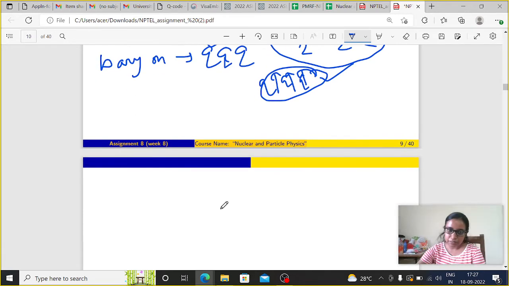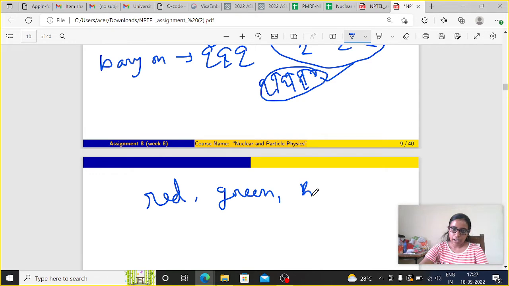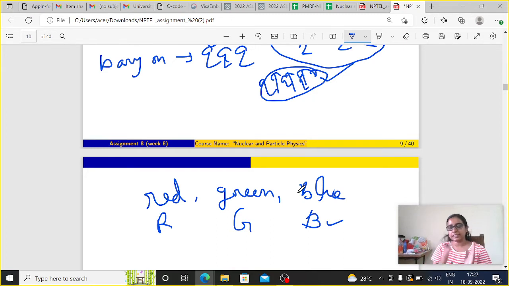So color charge means what? Red, green and blue. I am writing red as R, green as G and blue as B. So these three, RGB, we are introducing in our elementary particle physics.